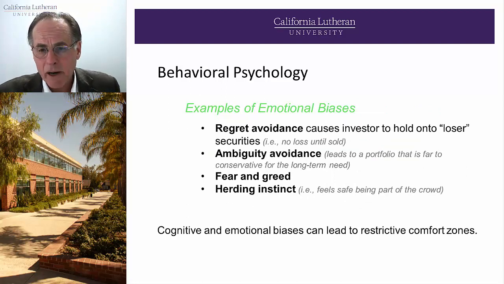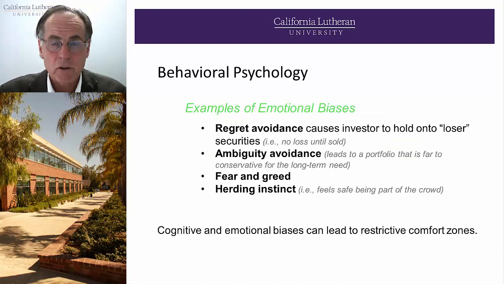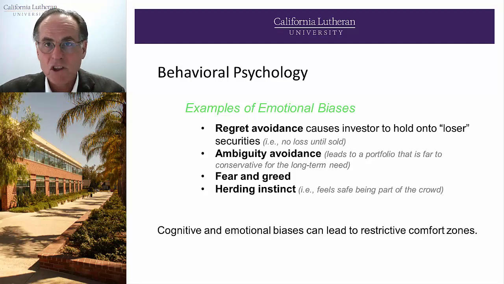Examples of emotional biases that impact our financial decision-making include regret avoidance, which leads investors to hold on to losing securities, feeling that, hey, I haven't taken a loss until I actually sell the security. Ambiguity avoidance, which can lead to an investment portfolio that's far too conservative for the investment horizon and the ultimate need.